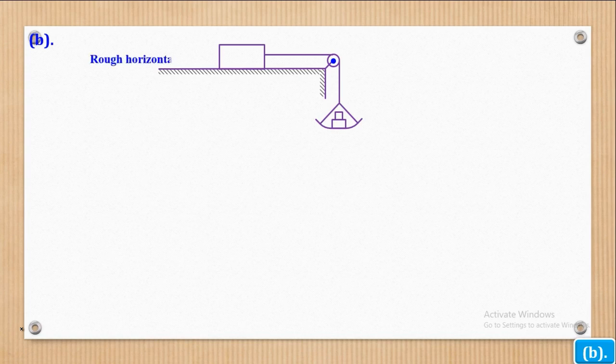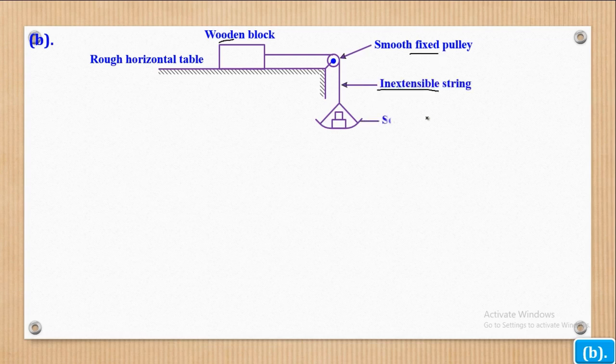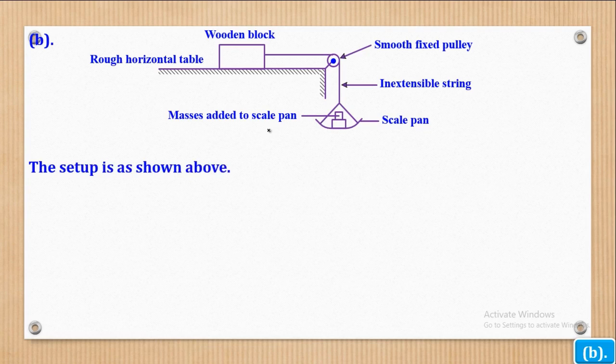So we shall label the parts. This is the horizontal table, that is the wooden block, and that is the smooth fixed pulley, inextensible string, and scale pan, masses added to the scale pan. So that is the setup, and the setup is as shown above.